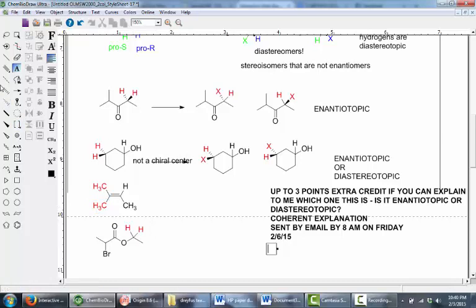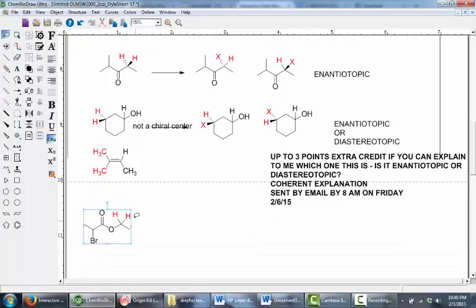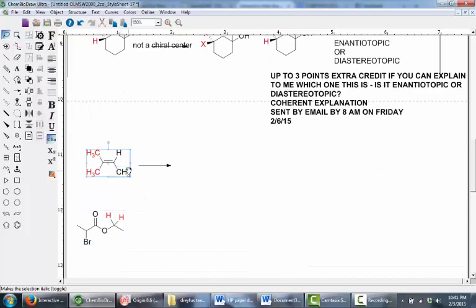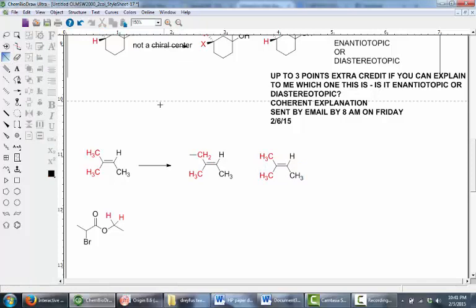Now let's do 2 more examples to figure out whether these hydrogen atoms are chemically equivalent or not. I'm focusing in particular on this alkene, which is an interesting, different case than the sorts of things we've been looking at until now. Here I'm going to replace each of these again with an X and ask myself, what relationship do these two things have to each other?